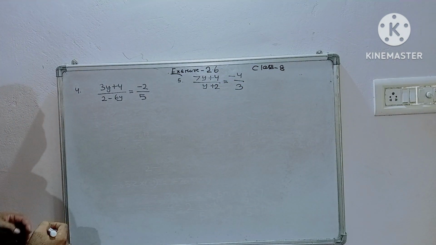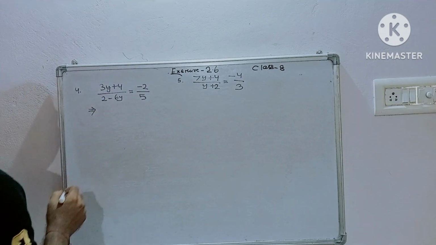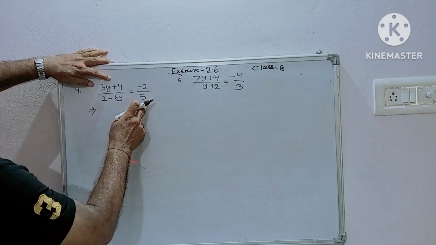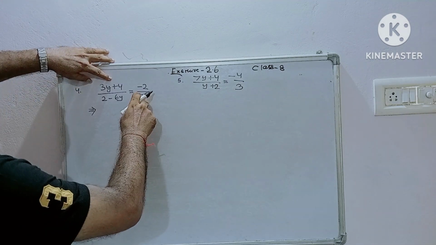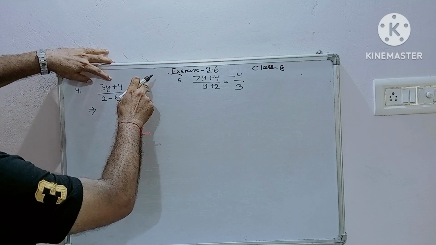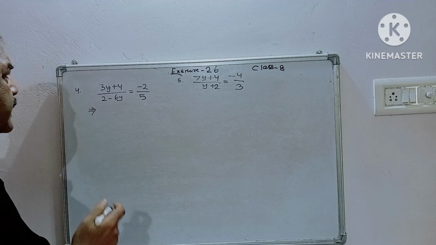So you see, we will multiply the numerator to the denominator of the rational number. Here on the right hand side, that is minus 2 upon 5. So we are applying the cross multiplication method.